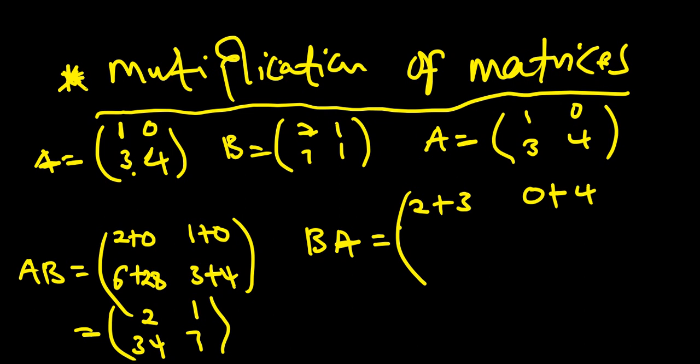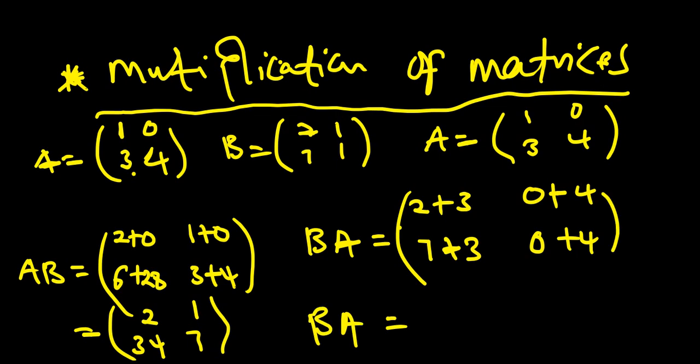And then 7 multiplied by 1 to be 7, plus 1 multiplied by 3, it will be 3. 7 multiplied by 0, it will be 0, plus 1 multiplied by 4, it will be 4. So you see that the BA here will be 5, 10, 4, 4.